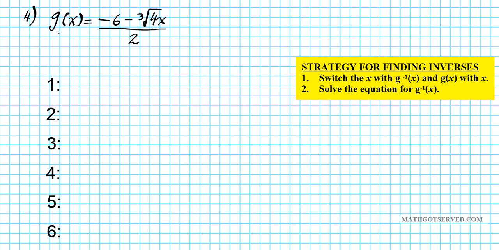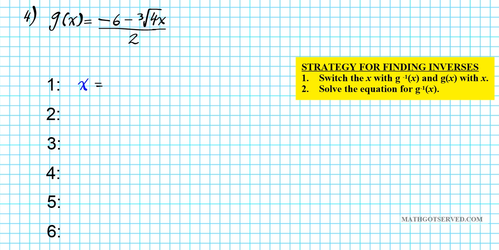Now we're dealing with g as opposed to f, so we'll just follow the same procedure but use g instead of f. Okay, so we're going to switch g of x, the output, with x. Let's color code that. Replace that with x, and then that equals, on the right side we are only going to change x. Just x alone gets changed to g inverse of x.